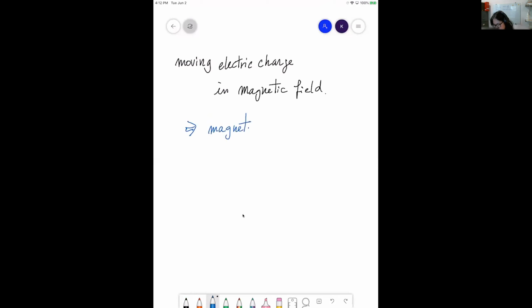A moving electric charge in a magnetic field: magnetic force applies, and the direction is perpendicular to the motion of the charge, of the moving charge.